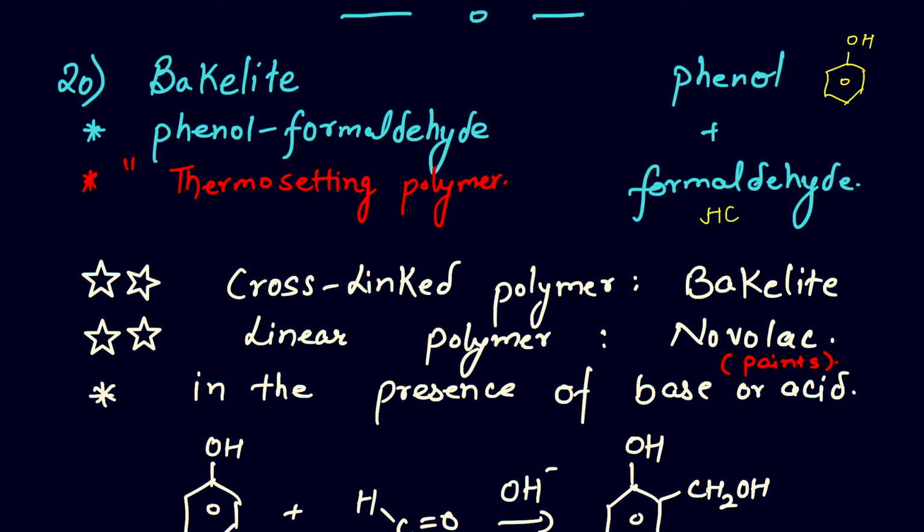It is also known as phenol formaldehyde resin, and it is an example of a thermosetting polymer. If it is a cross-linked polymer, then it is known as Bakelite, but if it is a linear polymer, then it is known as Novolac, which is used in paints.